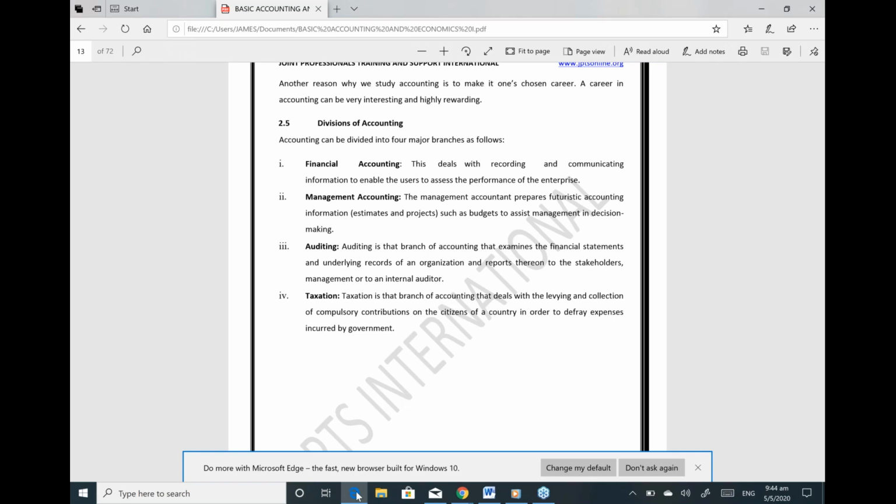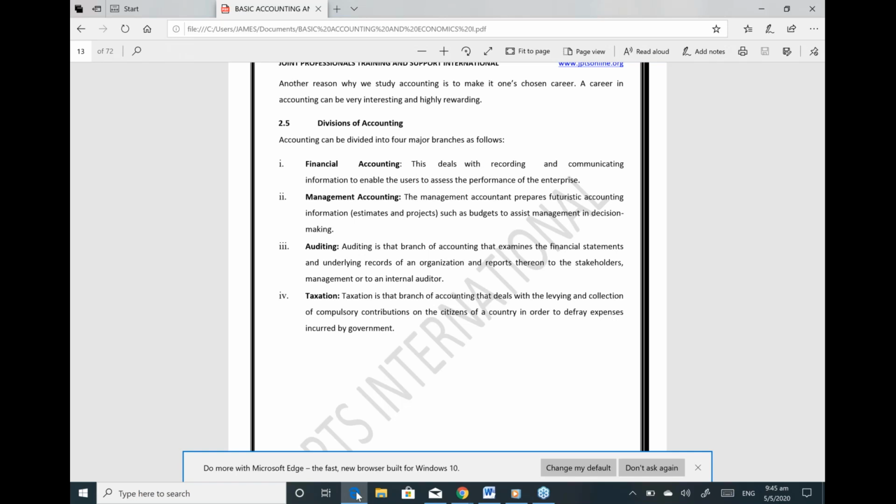Now, for you to prepare your financial statement for the year and send it to CAC or to CAMA, you need to prepare the internal account. After you finish preparing it, then the external auditor comes to verify if it's okay. If the auditor doesn't verify the account, there's no way the CAC or CAMA can accept the financial statement.